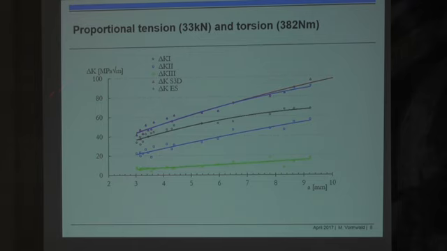K1 is this line here, blue is K2, and in the proportional case, K3 remains small compared to the other cases. And these Schöllmann extended delta K equivalent, these are the top lines. And you see that Erdogan and Schöllmann do not deviate too much, which is due to the small contribution of K3. They are more or less identical, unless the cracks become long and you have a difference by the larger K3 contribution.